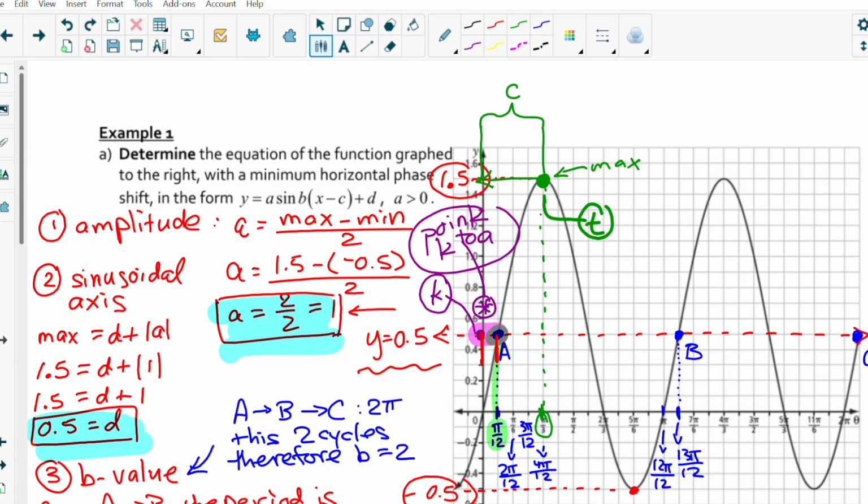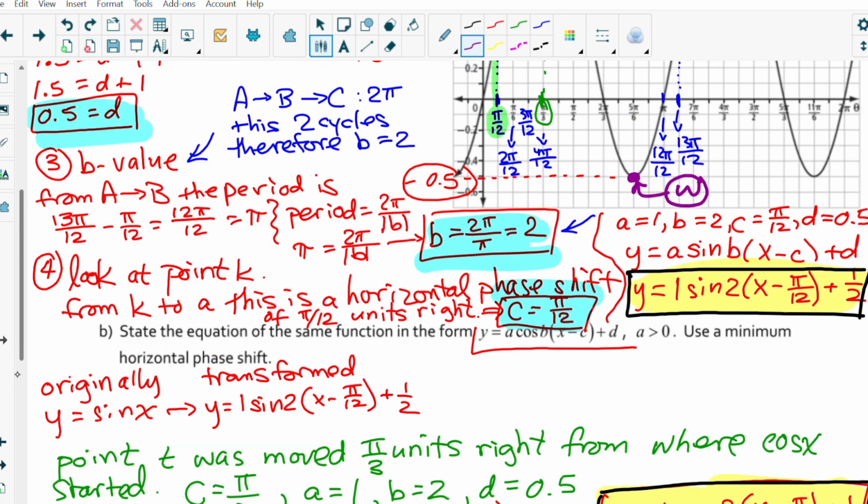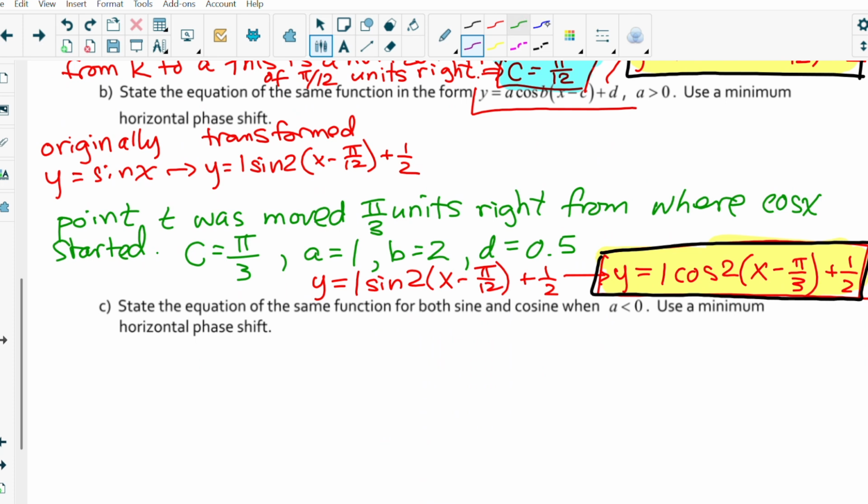So if I go from, let's say, let's label this, I'm gonna, in purple, this one, I'm gonna call this W. Okay, so that's point W.